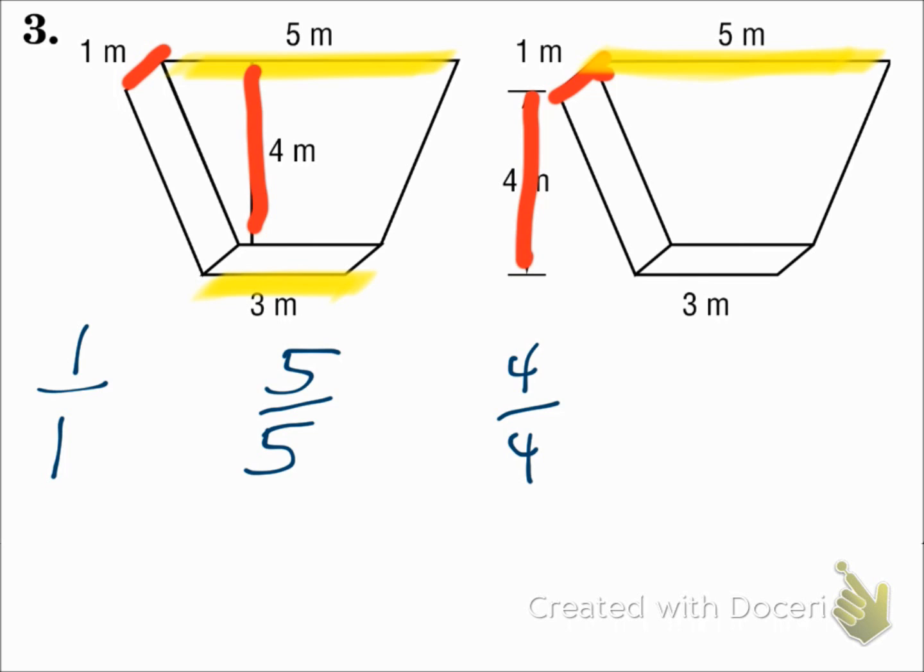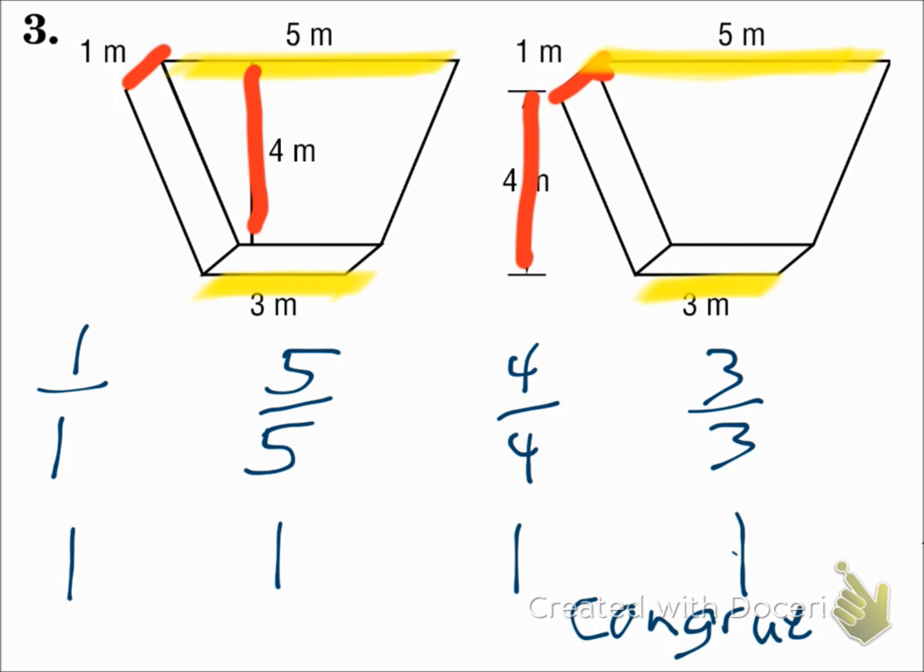And this base of the trapezoid is 3, and this base of the trapezoid is 3. Each one of those reduces to 1. And when the scale factor is 1, then the two solids are congruent. So these are congruent. The exact same shape and the exact same size, and all of the ratios of the parts reduced to 1.